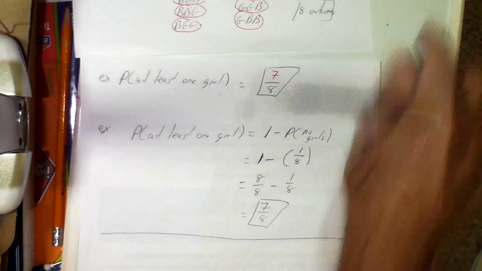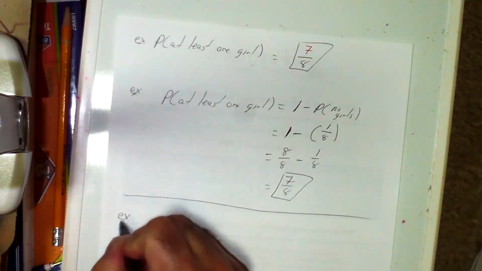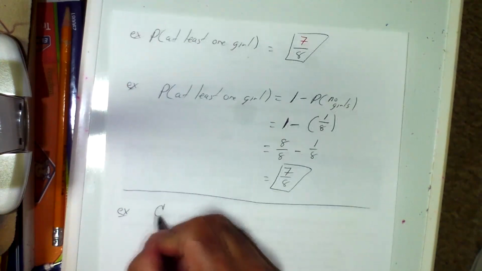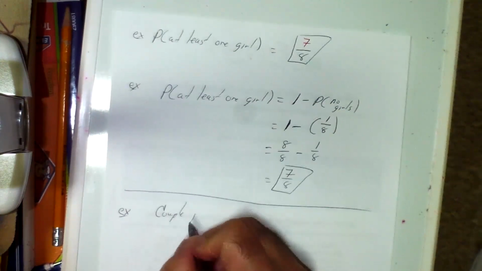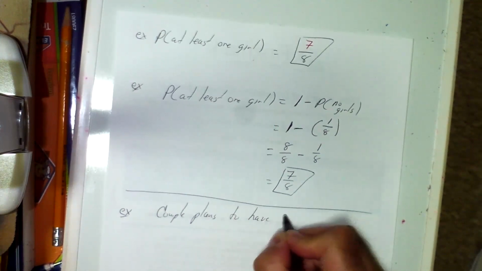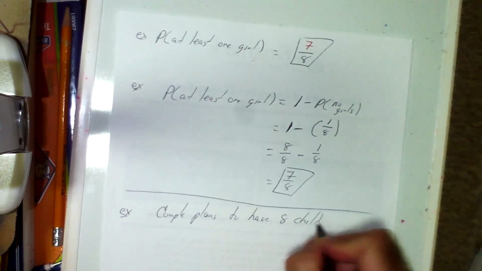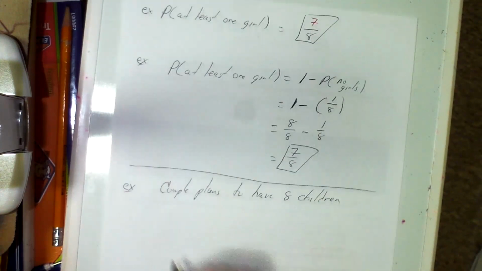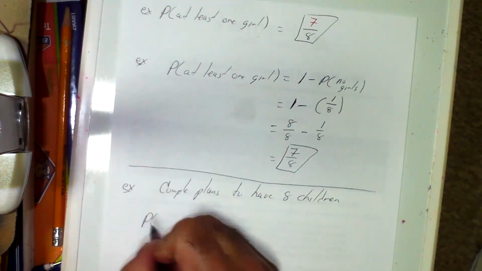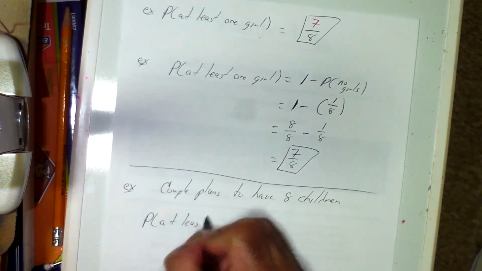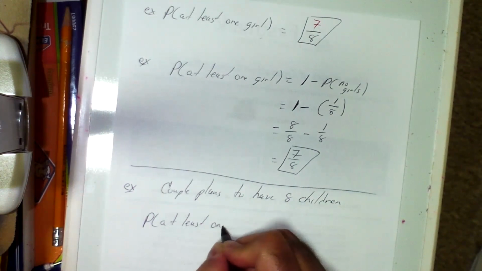So suppose a couple plans to have 8 children. What is the probability that they have at least one girl?